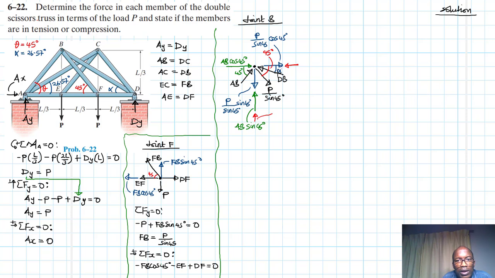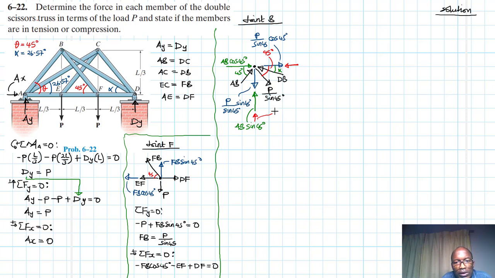Okay, and what is alpha? Alpha, let me use green there. We found this one is alpha, right? This one is alpha here, and we found what alpha is. Alpha is 26.57. This one here, see? So just replace it there.